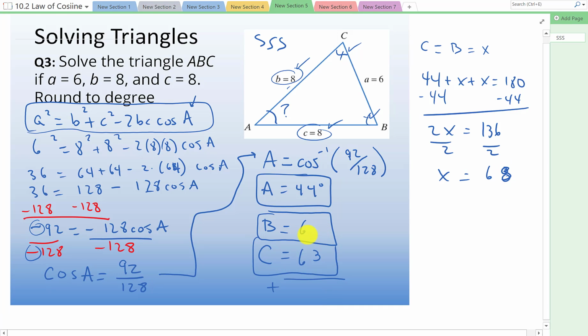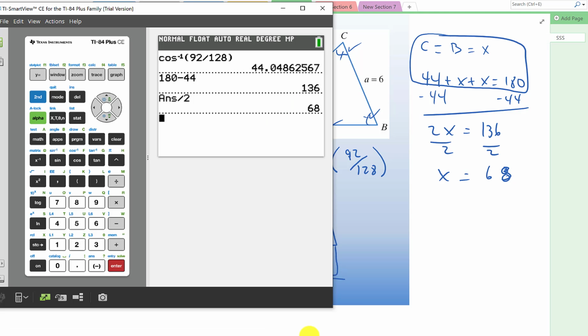And so let's check now, especially because I screwed up here. I'm really concerned. I want to make sure I got all that. And thinking is important. So we can check real quick: 44 plus 68 plus 68, all that should add up to 180. And it does. So we know we've got our solutions here.